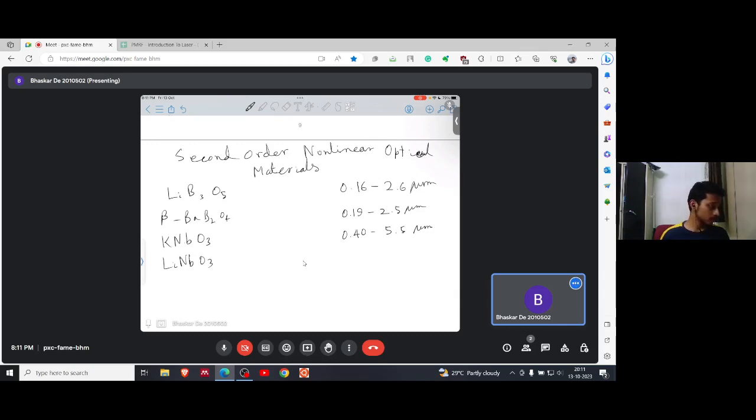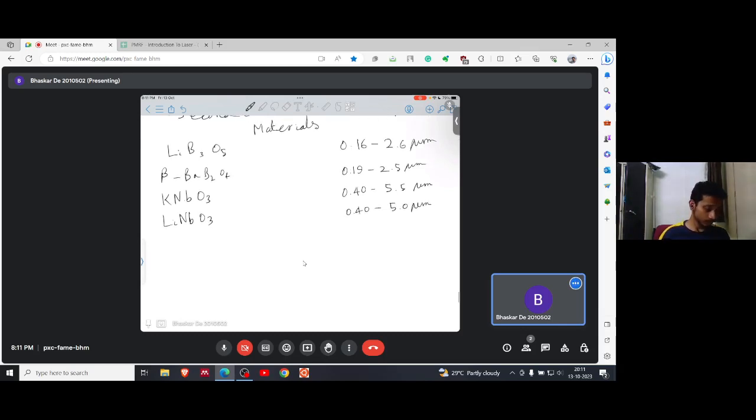LiNbO3 is 0.40 to 5.0 micrometer. This is 0.3725 micrometer. Then KDP is 0.2 to 1.4 micrometer.